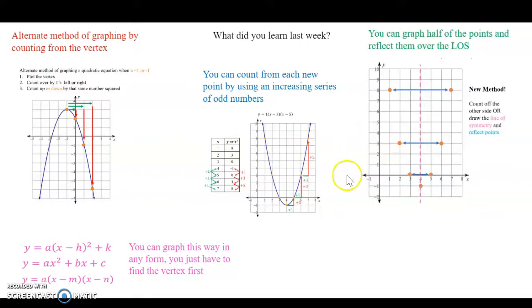We also learned that because parabolas are symmetrical, we only need to plot one side of the line of symmetry. Once we plotted the right-hand side, we can use the symmetry to find the other points on the other side.